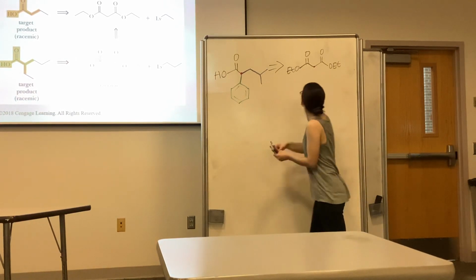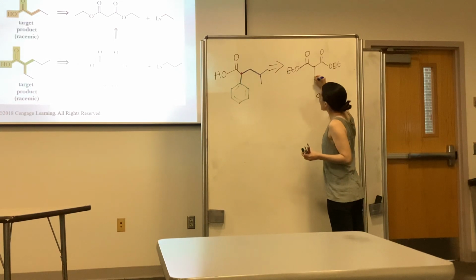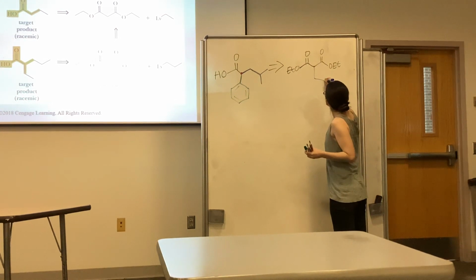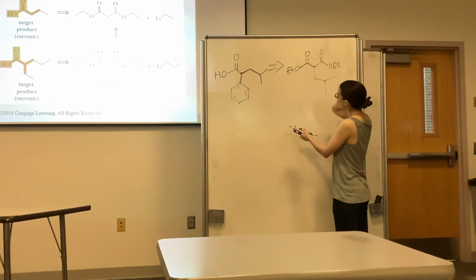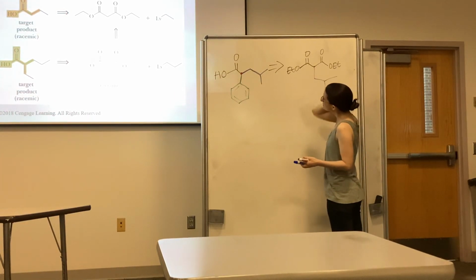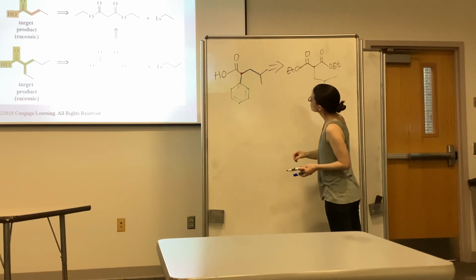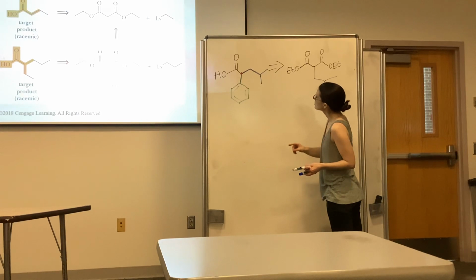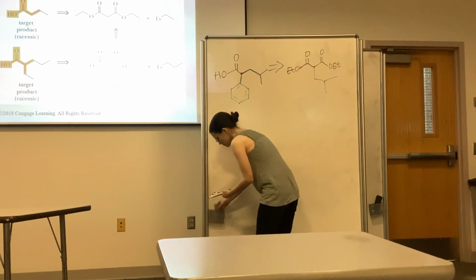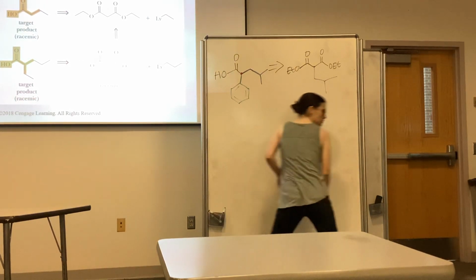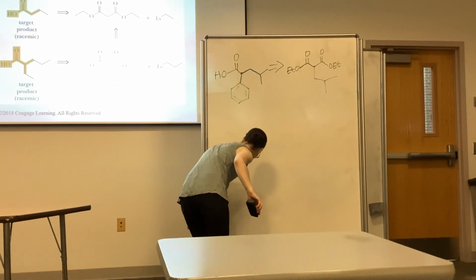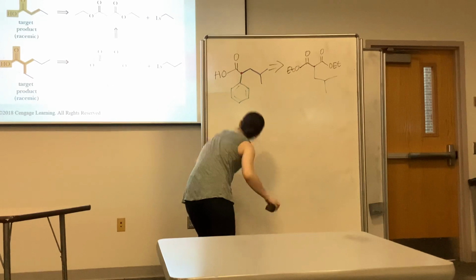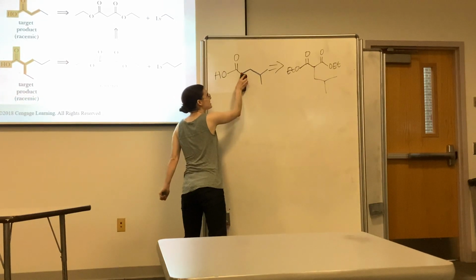So that means that at this stage we have that still attached, and we have, wait a minute, this is what happens when I make things up. Fine, it can be very similar to this, but how do we add these?